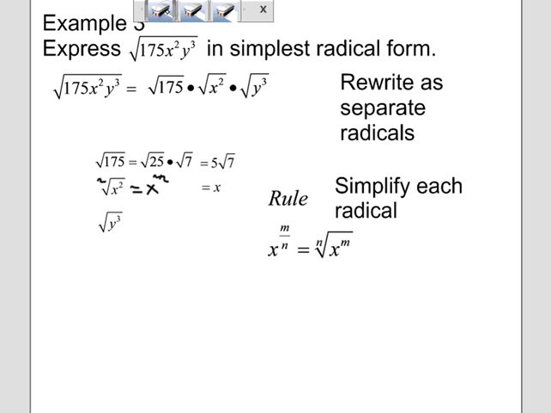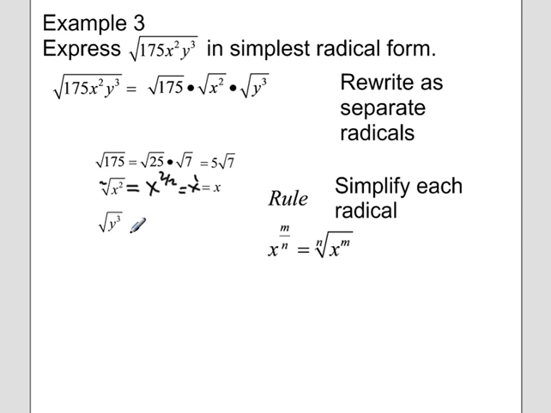I should rewrite that. So radical x squared is x to the 2 over 2, which is x to the 1, which is just x.